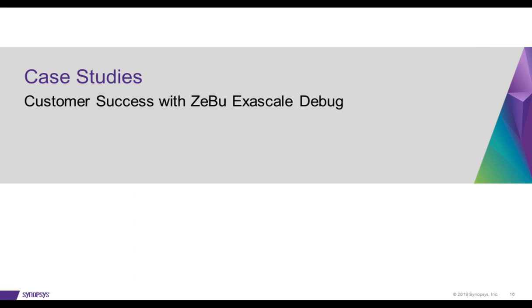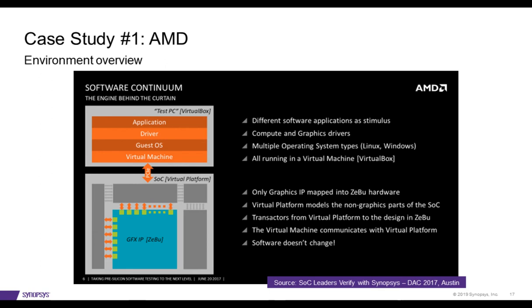Let's look at some of the customer success stories using ZeBu Exascale Debug. The first case study I'm going to talk about is AMD. They have a really complex design, for their graphics, which is several billion gates.